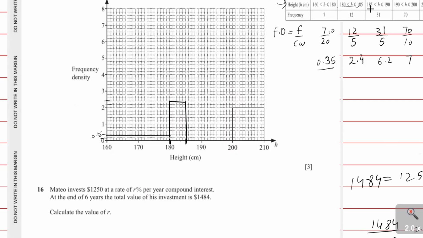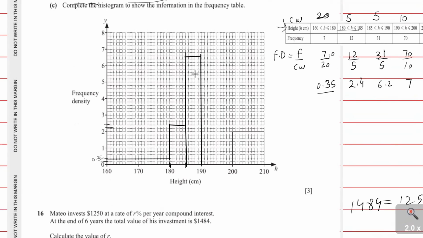Next, the bar we can draw by using the class interval 185 to 190, and the height is 6.2. Therefore, the height here is 6.2, and this is the 6.2.